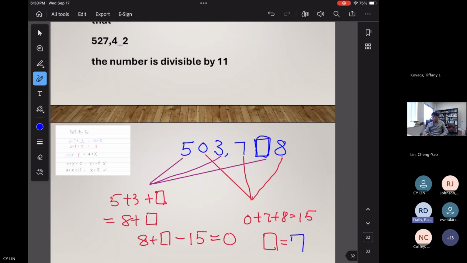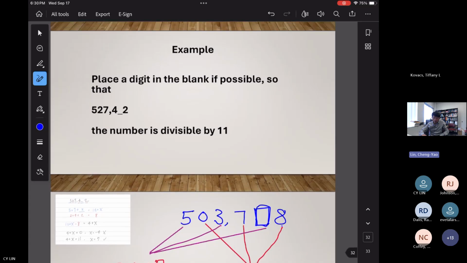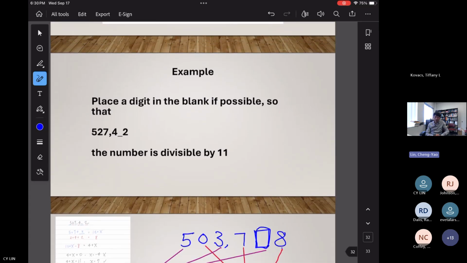Yes, all right, makes sense. You do this one, okay? Tell me what number you fill in so this will be divisible by 11.